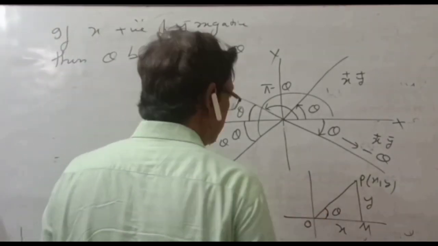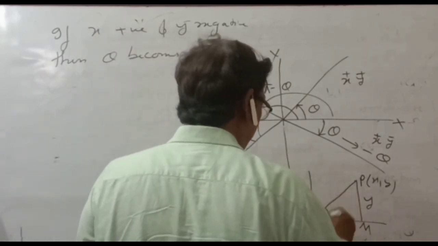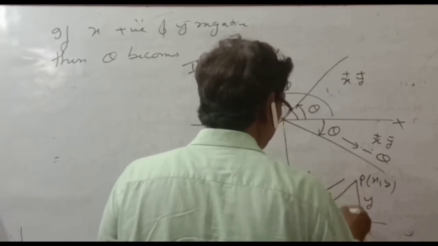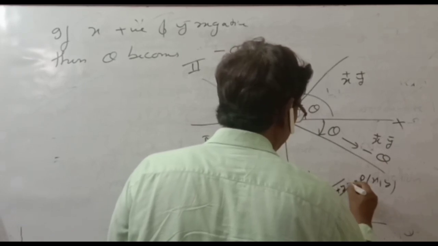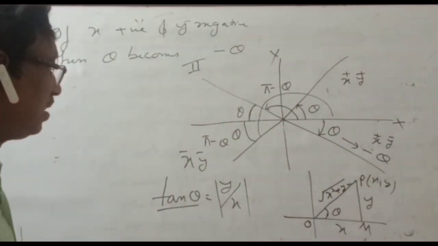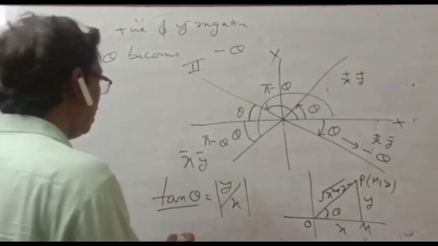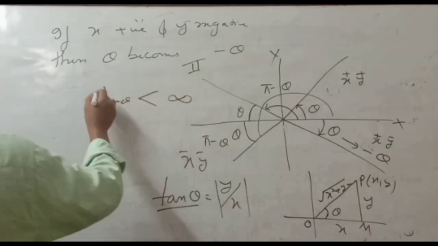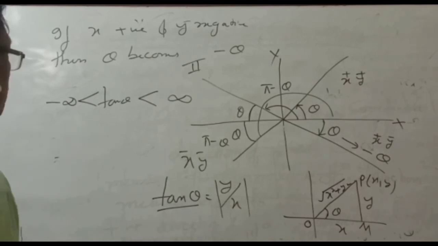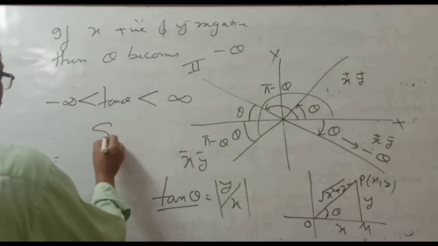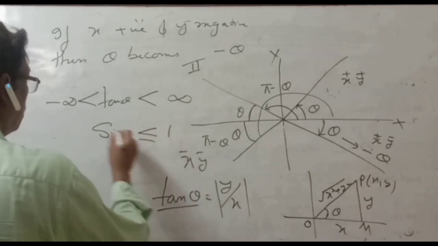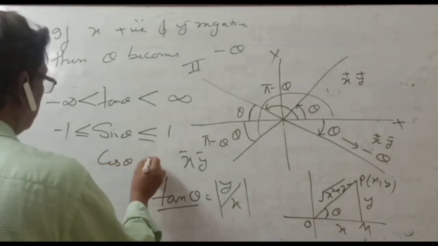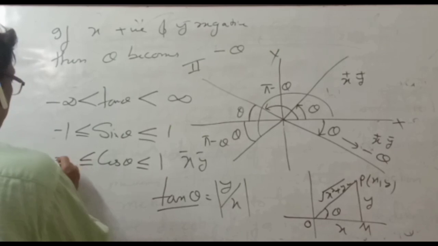We could also take sin theta and cos theta, but we only take tan theta because the range of tan theta is from minus infinity to plus infinity, whereas sin theta lies between minus 1 and 1, and cos theta also lies between minus 1 and 1.